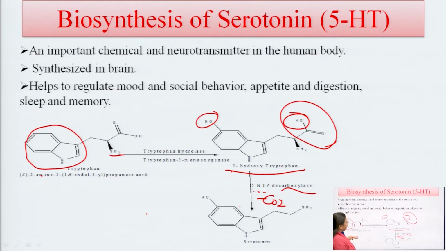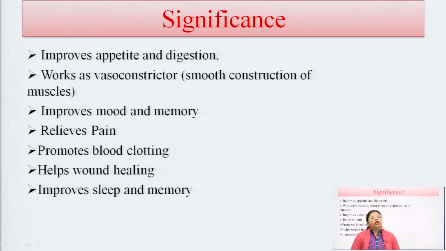So, what is the difference between the structures of tryptophan and serotonin? There is removal of the carboxylic group from tryptophan to form serotonin. Okay. So, what is the significance of this serotonin?